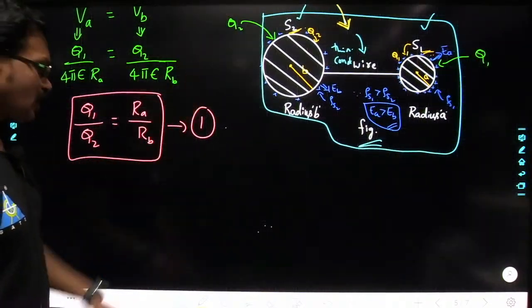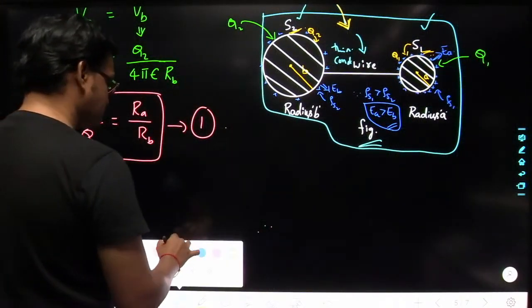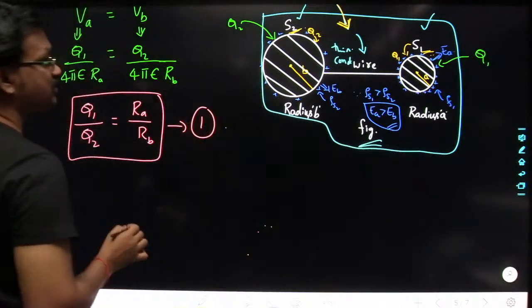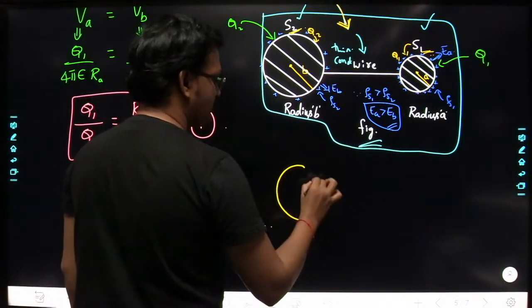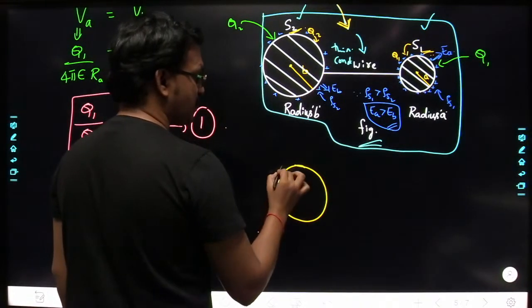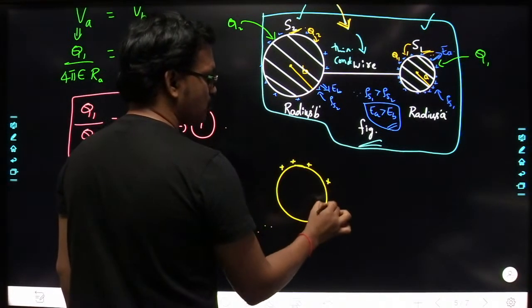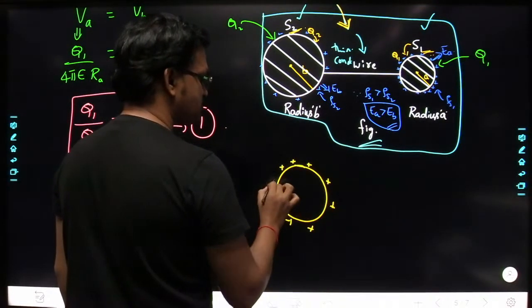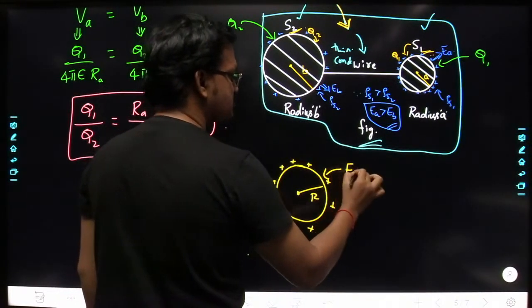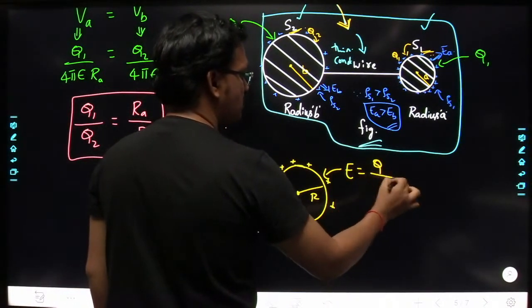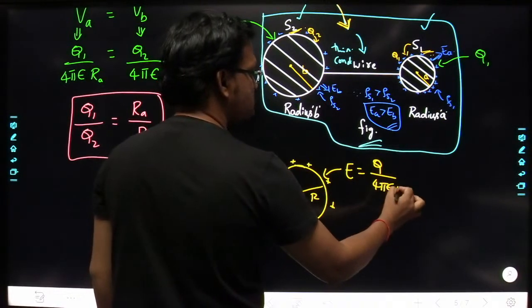Next, what is the electric field on the surface of S2 here? What is the expression for the electric field on the surface of S2? Just now I have told you, if you have a sphere and the charge is distributed uniformly on the surface of the sphere, then the electric field on the surface of the sphere is equal to Q by 4 pi epsilon R square.